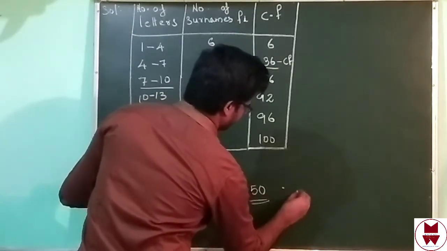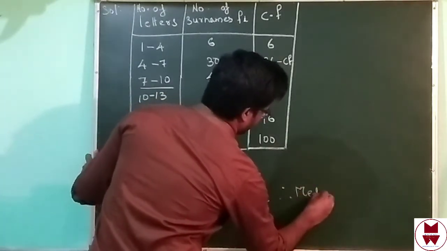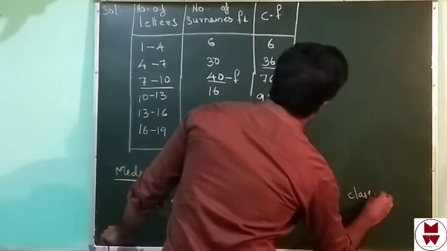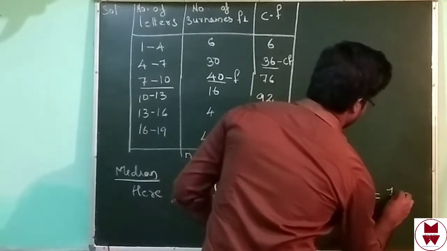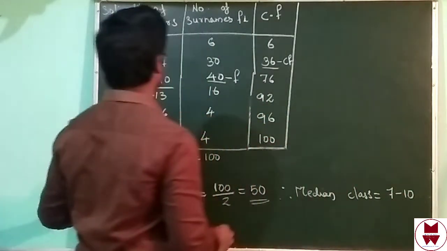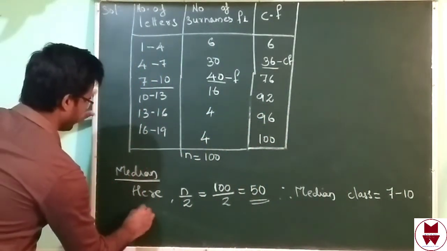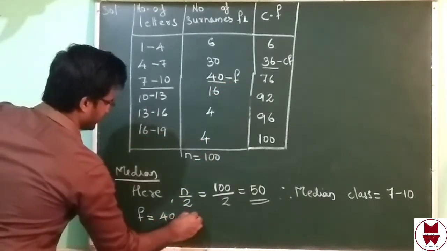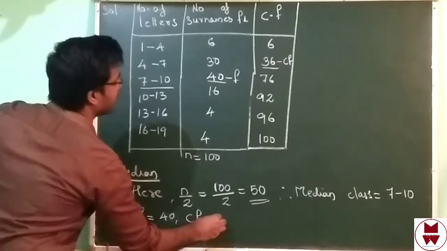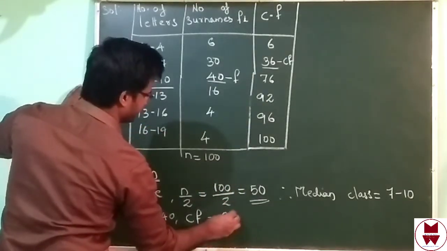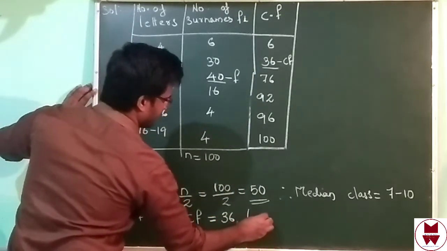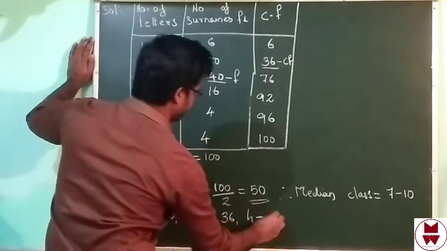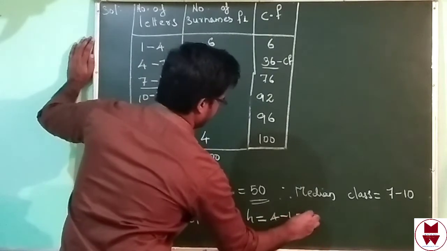Therefore median class equal to 7 to 10. f equal to 40. Cumulative frequency CF equal to 36. h equal to class width, 4 minus 1, you will get 3.